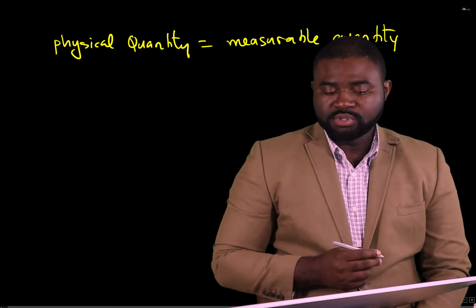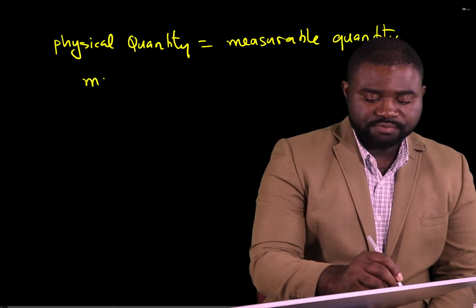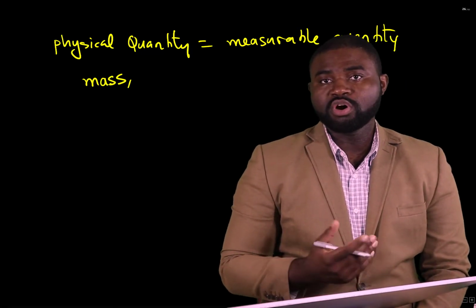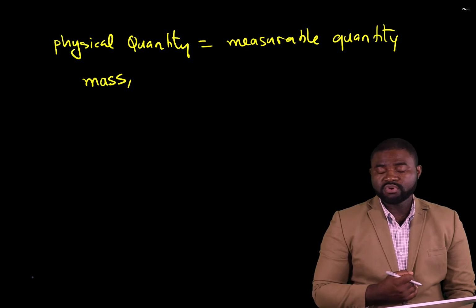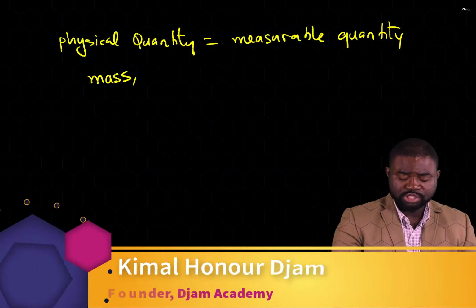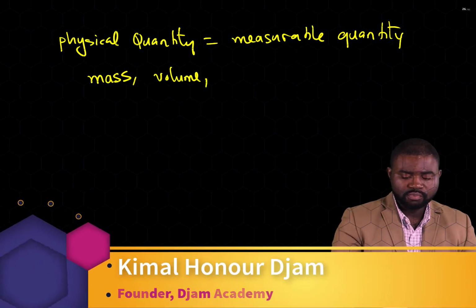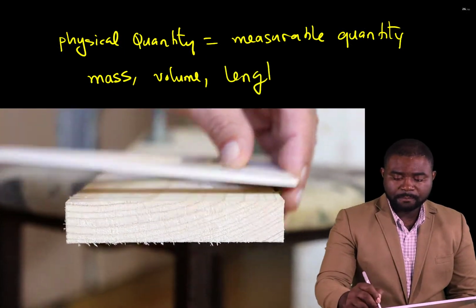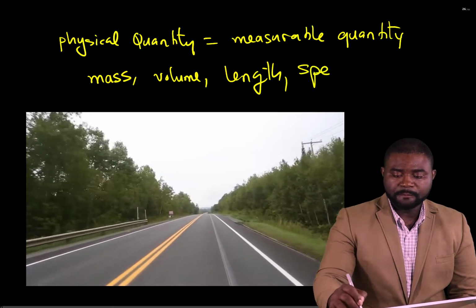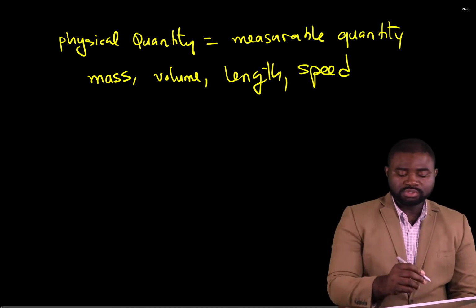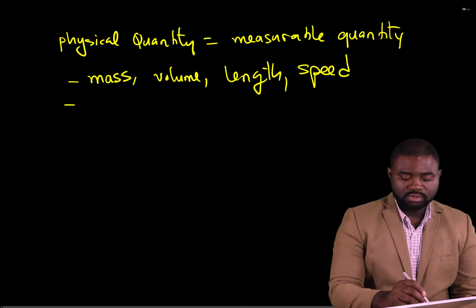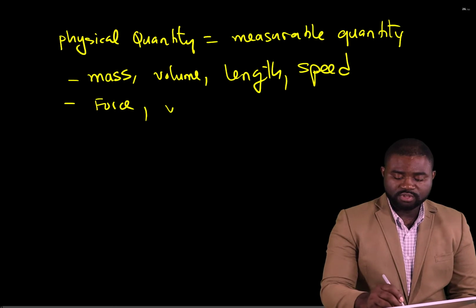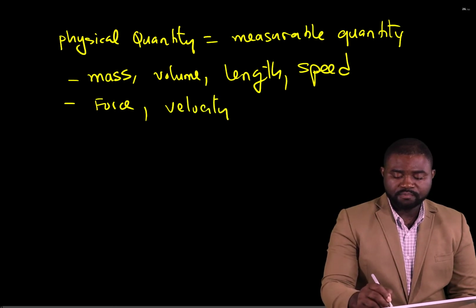A common example of a physical quantity is mass. You can actually measure the mass of a cup or your mass, or you could measure volume, the volume of water in a cup, length, speed. You can also measure the force one exerts on another, the velocity of a moving car.